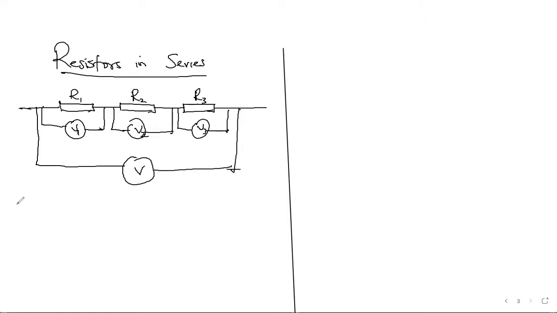So what are the points to note for series connection? All these resistors are connected in series, but this is the overall voltage of the circuit. So when you have resistors in series, the first point you need to know is that the same current flows through them.